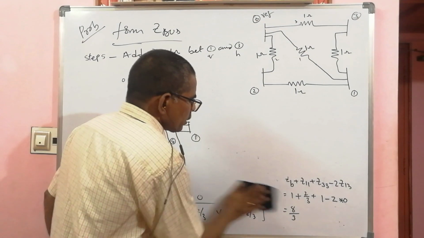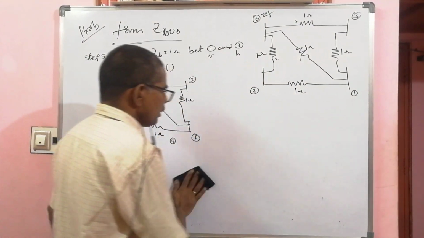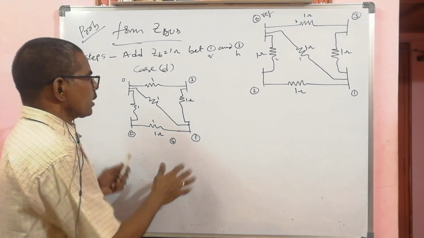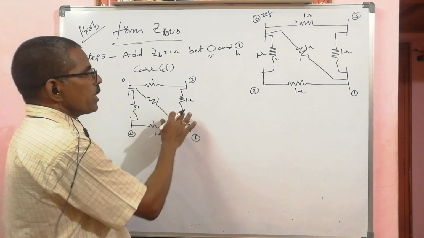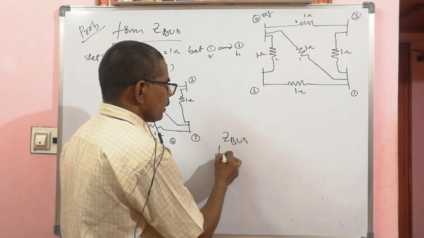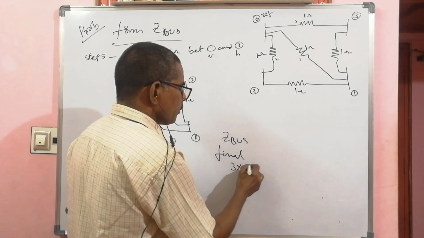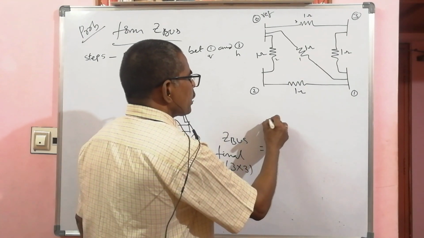Use the same formula, only the numericals are different. So Z bus final, because we have completed adding all elements, which is 3 by 3, and that answer I am writing.